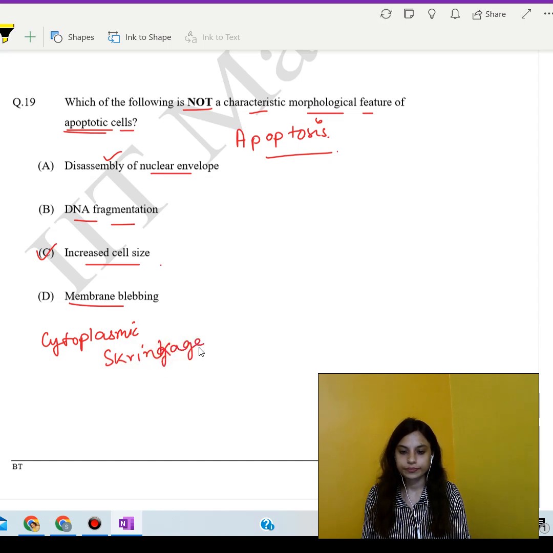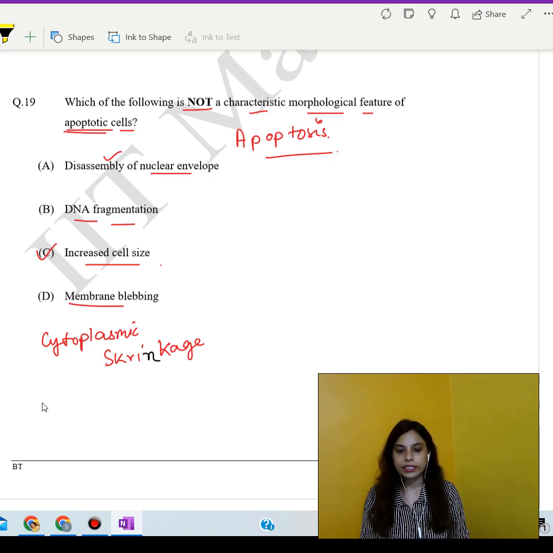So the cell over here shrinks in size as the cytoplasm condenses.